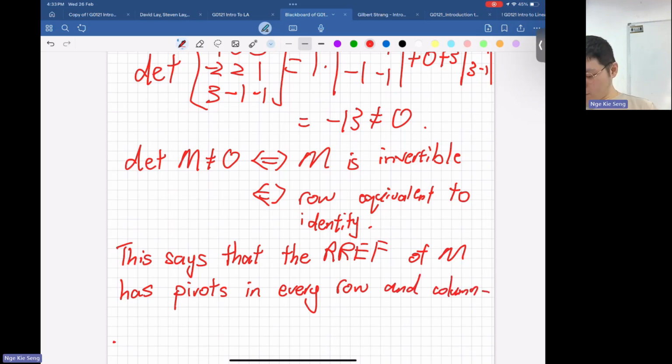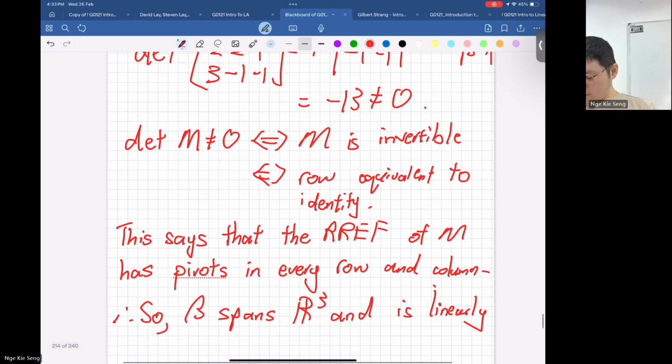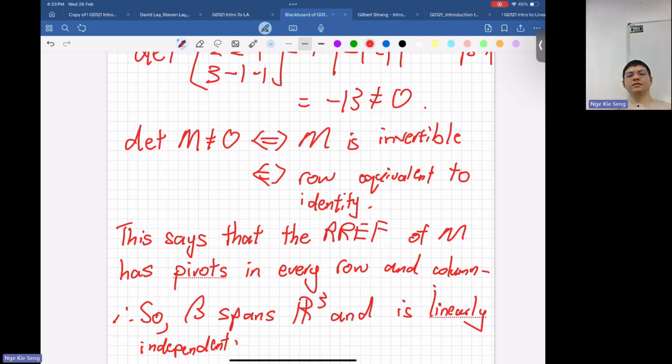And also, B spans R3 and is linearly independent.